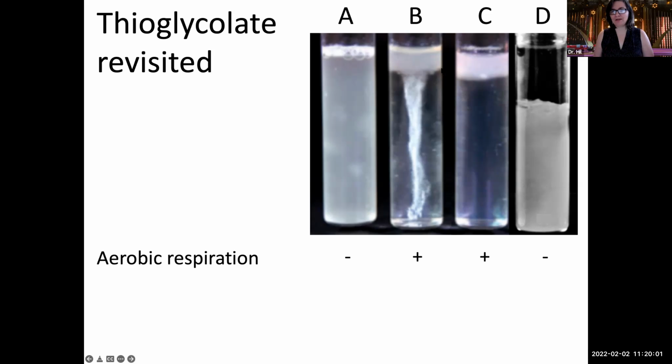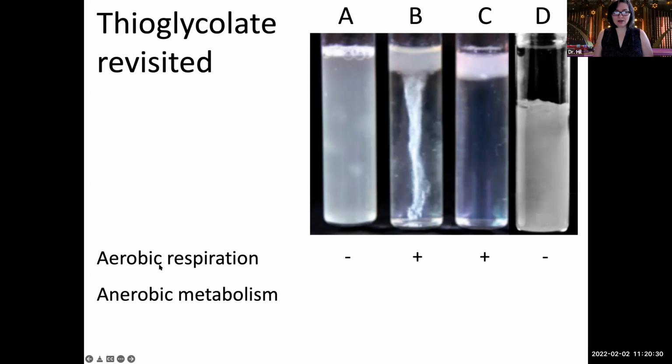Why is it growing faster here? Okay, oxygen's more efficient, it prefers oxygen, there we go. Aerobic respiration produces more ATP than anaerobic metabolism, whether it's fermentation or anaerobic respiration.